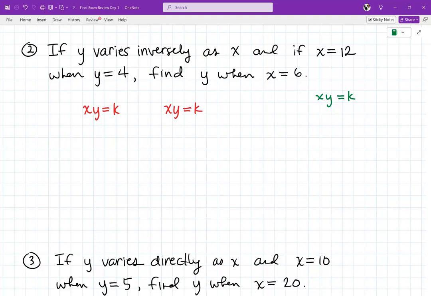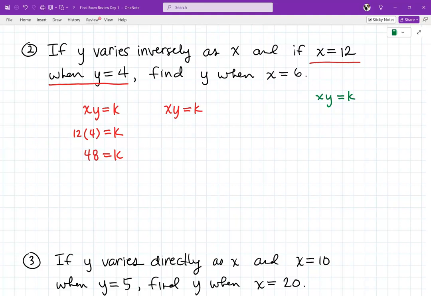All right? The first sentence is going to give you information to figure out what k is. And then once you know what k is, you can plug it in and solve for the rest. So if we look at the first sentence right here, it says, if x equals 12 when y equals 4. So I'm going to put 12 times 4 equals k, that's 48. So k is 48.